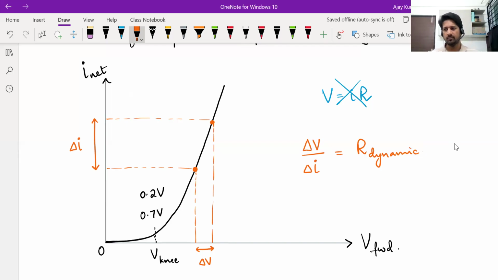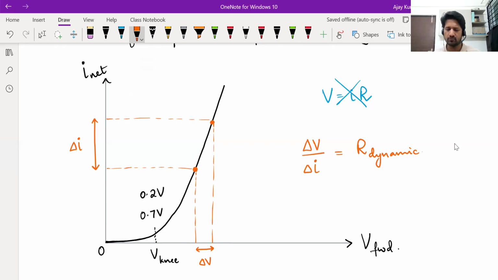So for current flowing through a PN junction, we define something called dynamic resistance. Once the voltage is greater than the knee voltage, you will see significant current through the PN junction. For a certain change in voltage, there will be a certain change in current. That ratio is what you call dynamic resistance.